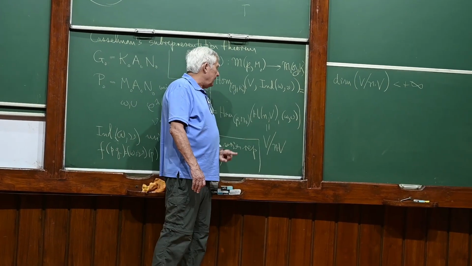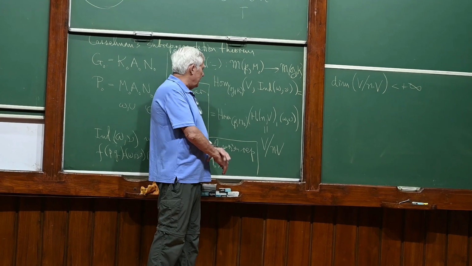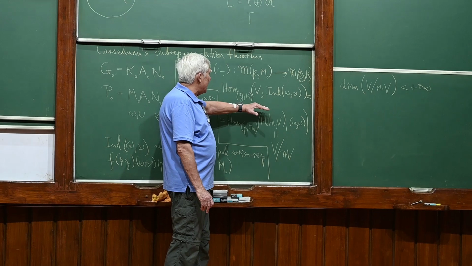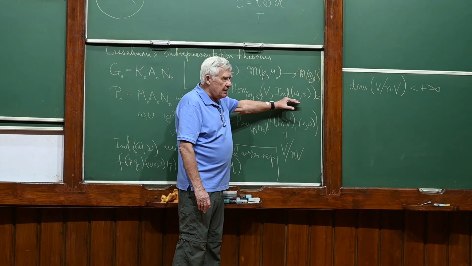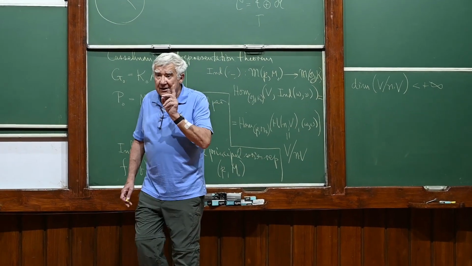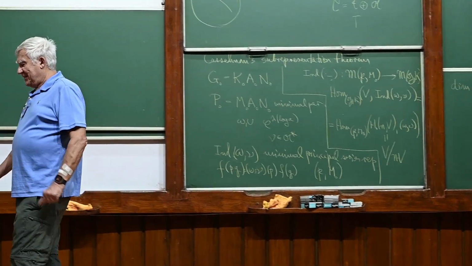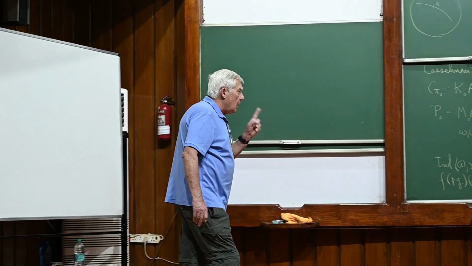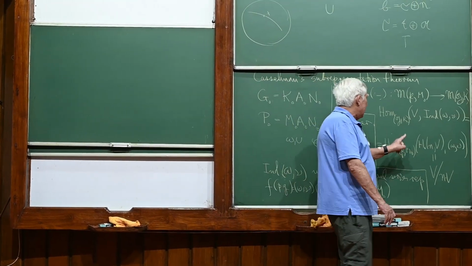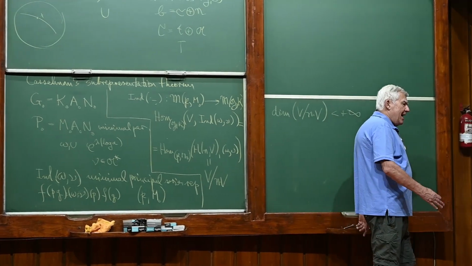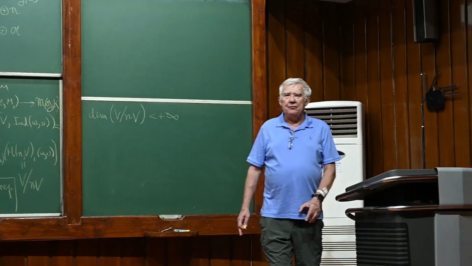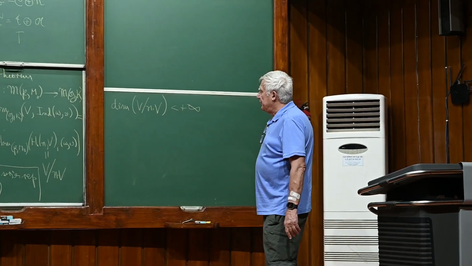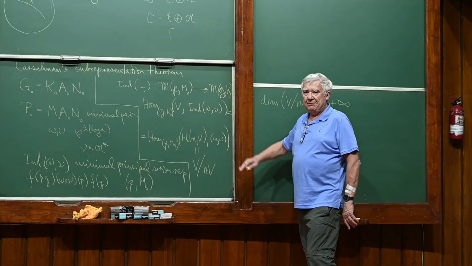I put it here, and then I have a non-trivial homomorphism, which gives me a map from V into the induced representation, under the condition that this zero N homology is non-zero. So if I know that this is non-zero, then I have an embedding of the irreducible Harish-Chandra module V in this induced representation.